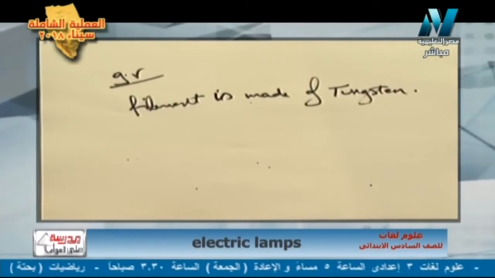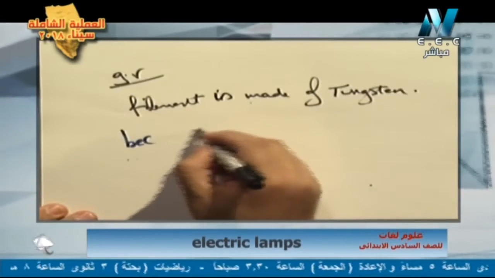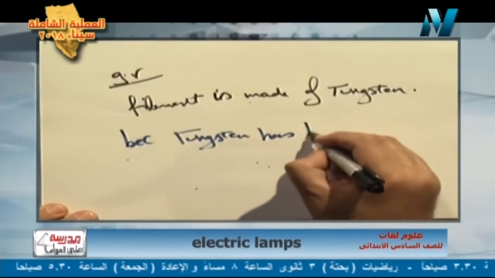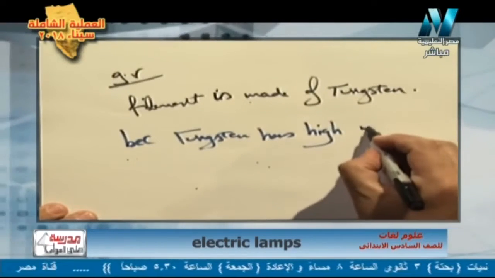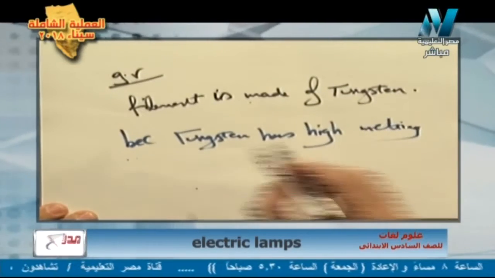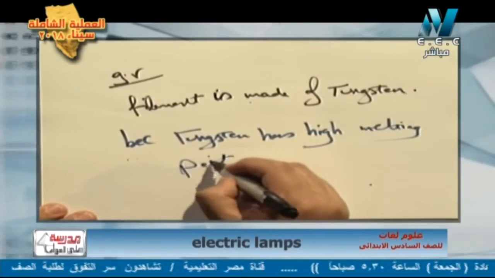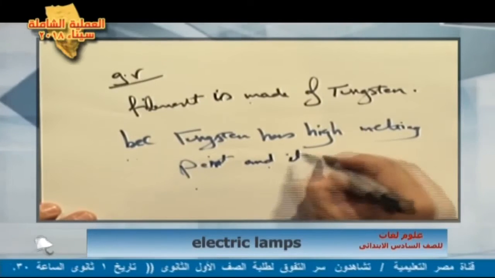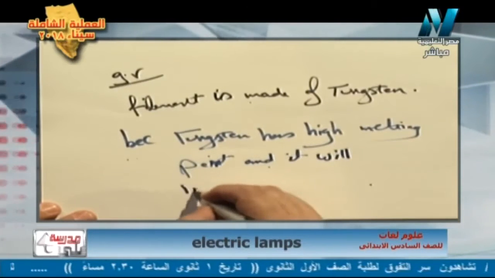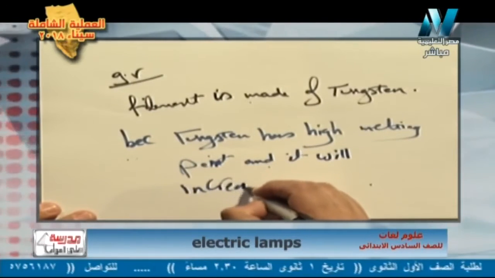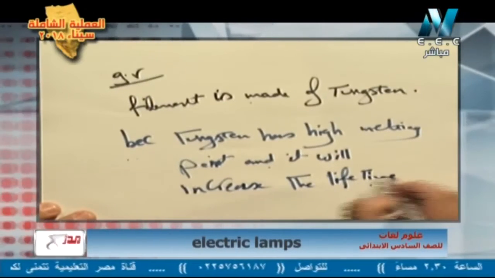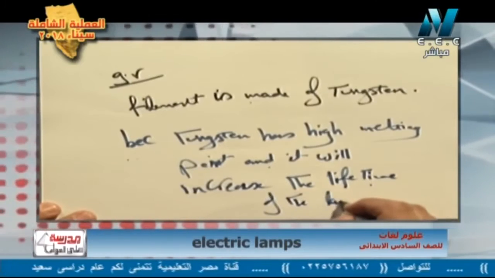Because tungsten has high melting point, so it withstands much longer, and it will increase the lifetime of the lamp.